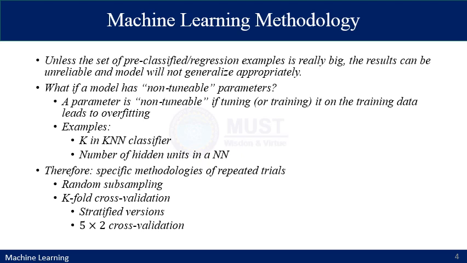There is another problem, which is that some parameters are non-tunable. A parameter, for example, is said to be non-tunable if tuning or training it on the training data leads to overfitting.